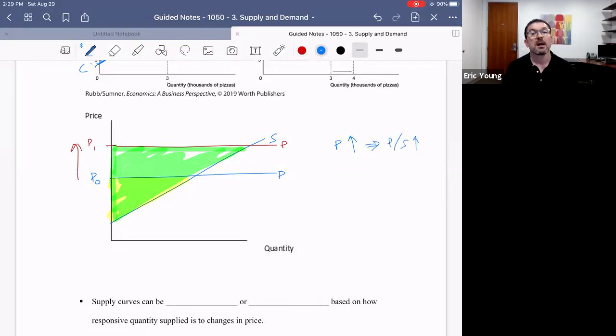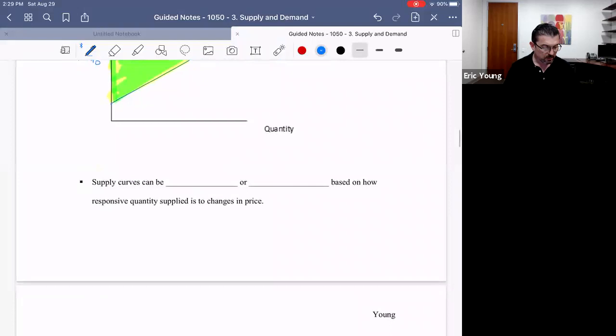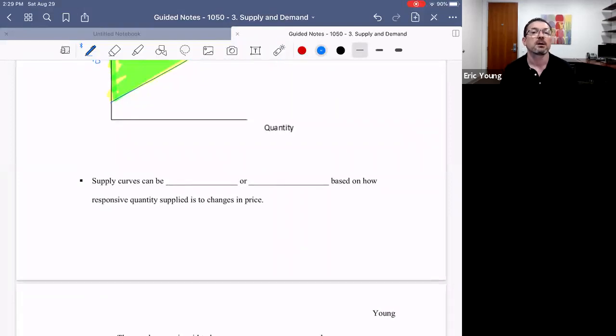And again, if we know the original triangle and the new triangle, we can figure out what the actual change in producer surplus is. In this case, it's this area here. Okay, so a simple tool to show how to work price changes into the incentives and rewards that sellers get.